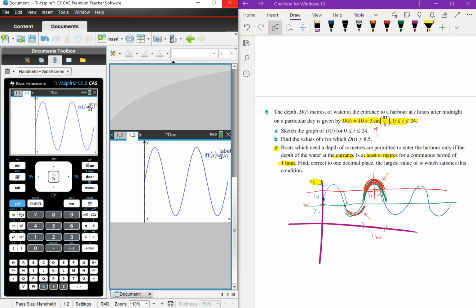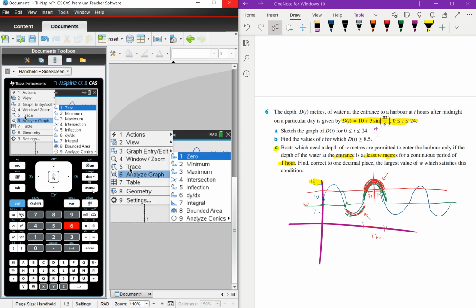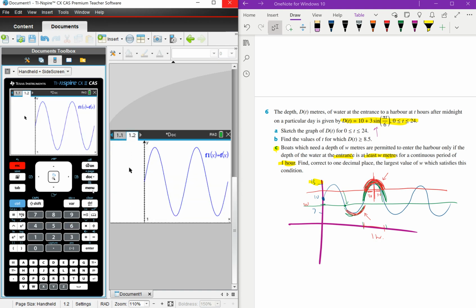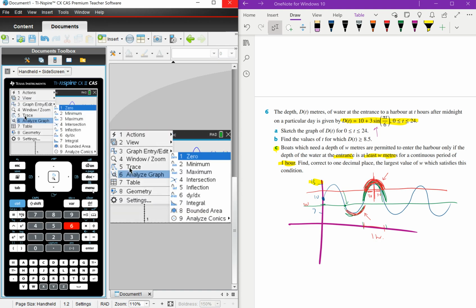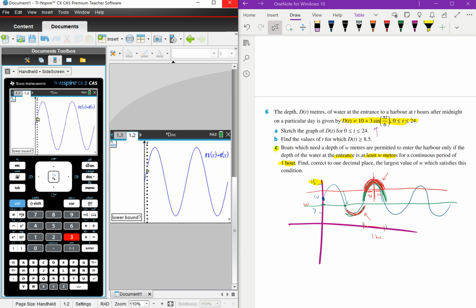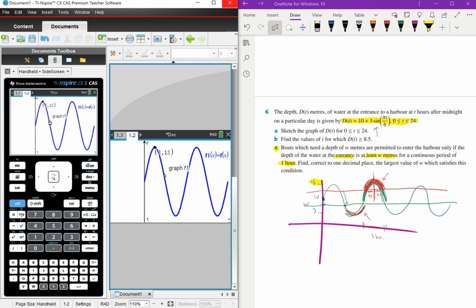Okay, and what I'm looking for is clearly at the maximum. I want it at least half an hour on each side to make a duration of 1. So if I go to menu 6, maximum, so number 3, and here we go, from left to right, that tells me it's exactly 3 hours after midnight when it's at maximum.